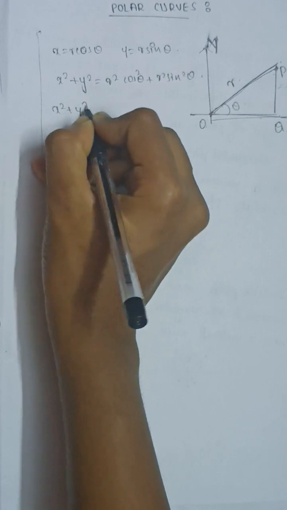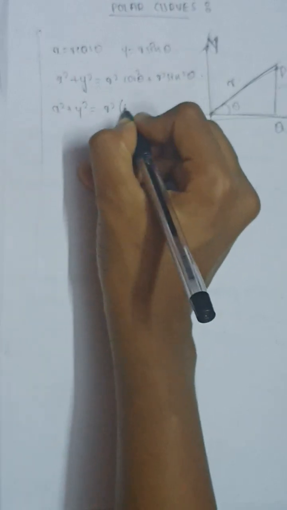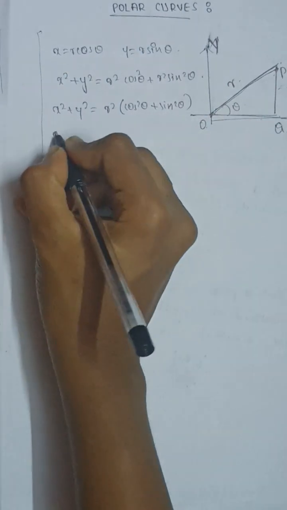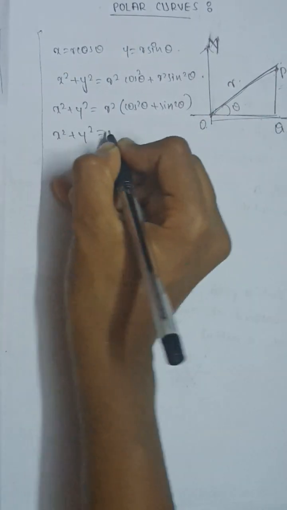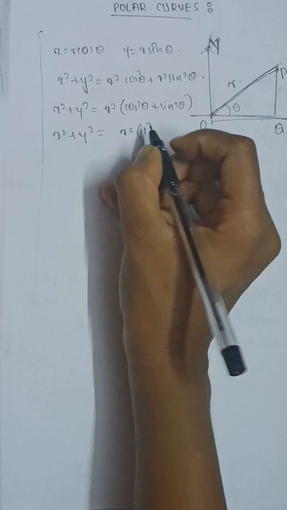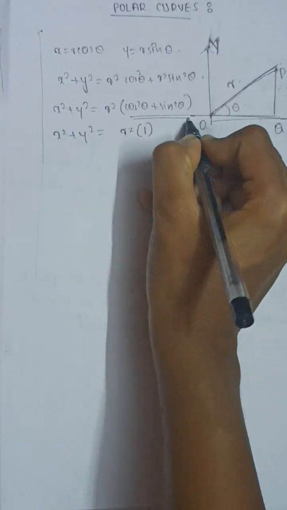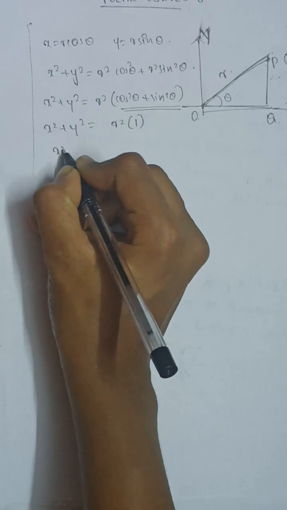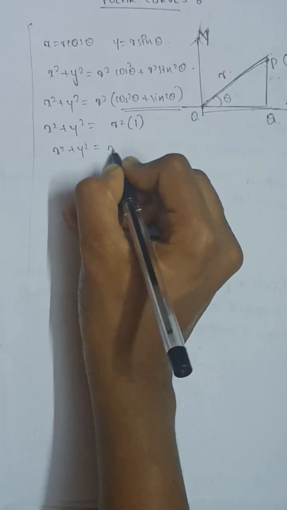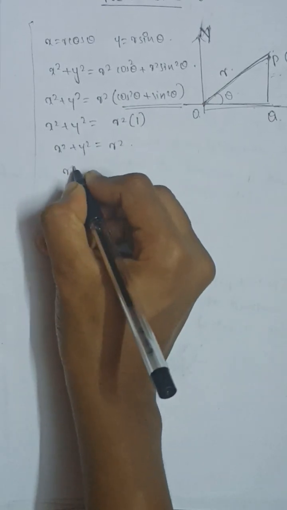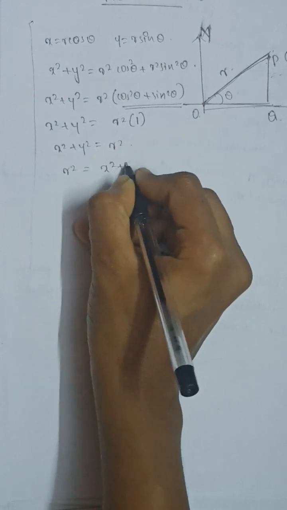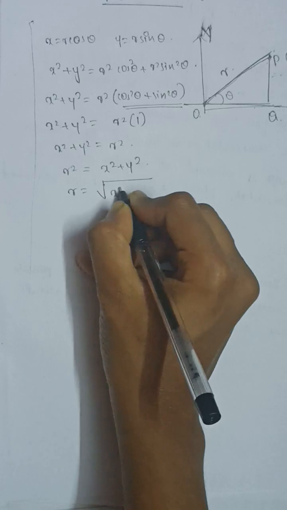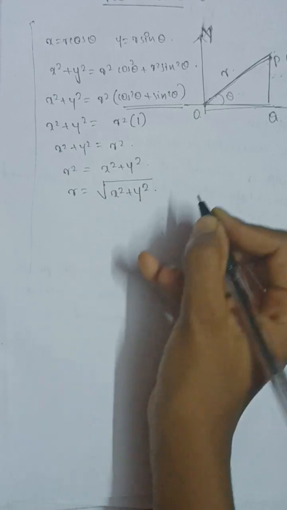So x square plus y square equals r square times cos square theta plus sin square theta. We all know cos square theta plus sin square theta equals 1. So x square plus y square equals r square. I'll write it as r square equals x square plus y square, so r equals under root of x square plus y square.